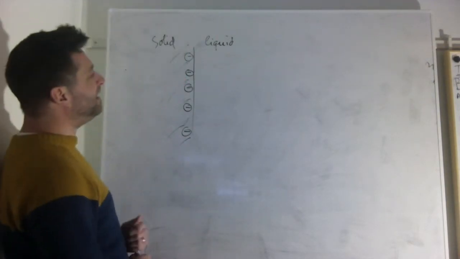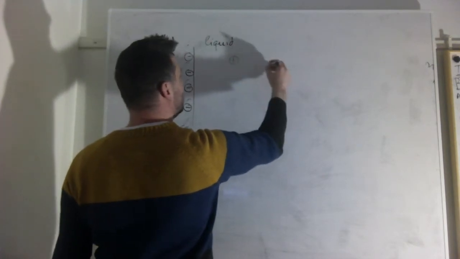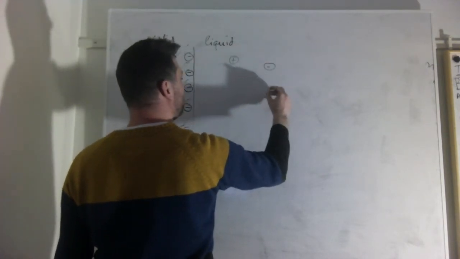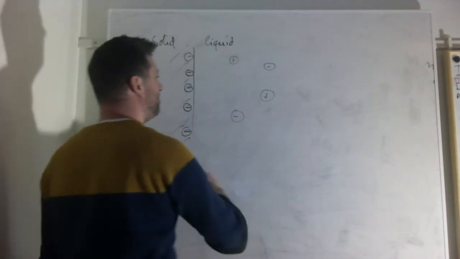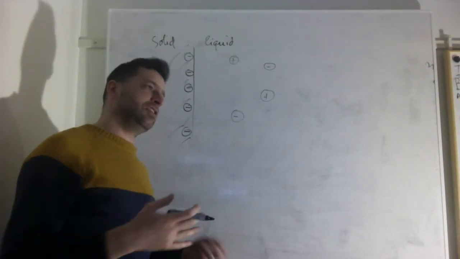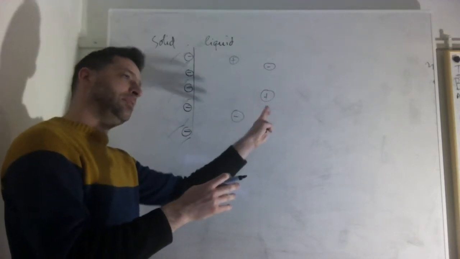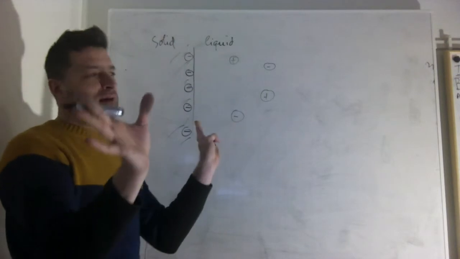So what's going to happen in the liquid? In the liquid, I will always have positive and negative ions, and they will typically be in equilibrium. For example, water dissociates. There's a certain portion of water that dissociates into an H+, a proton, and an OH- group.